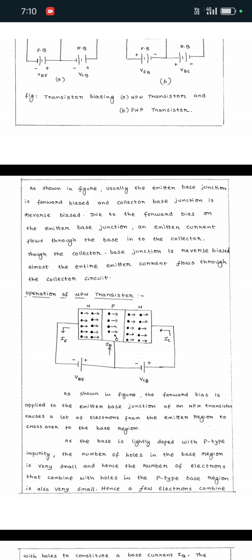The circuit diagram shows the forward bias supply is connected between the emitter and base circuits. Reverse bias is connected between the base and collector circuits. Here the collector side N type has majority carriers electrons. In between, the thin base layer has majority carriers holes.